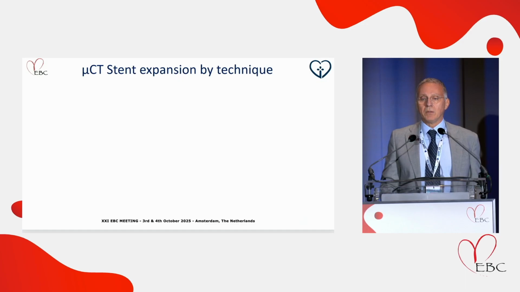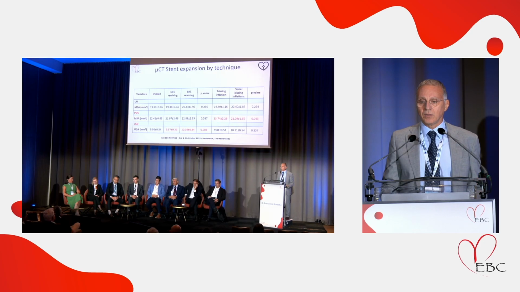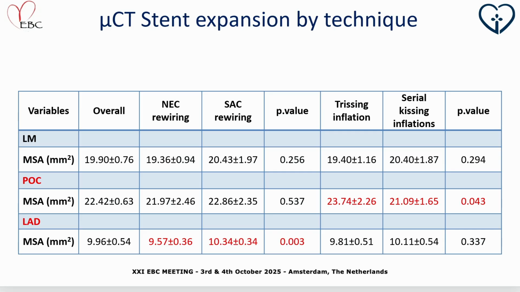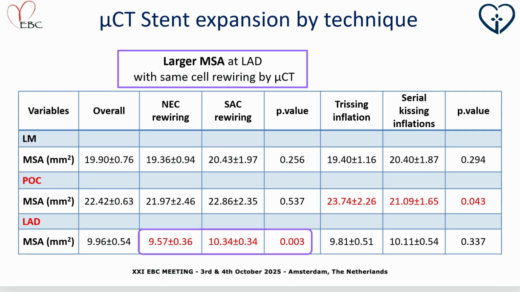When we went with micro-CT, the precision of the measurements increases a little bit. So we have been able to find some really minor signals. The only minor signal we have been able to see is a larger MSA at LAD with the same cell rewiring by micro-CT, but the difference is very marginal.